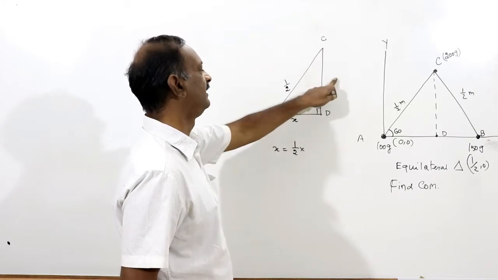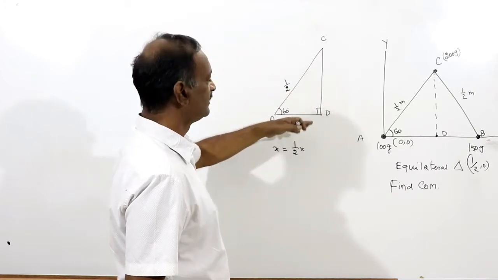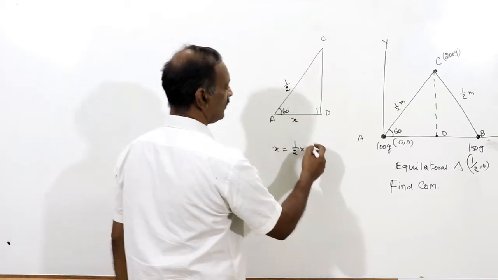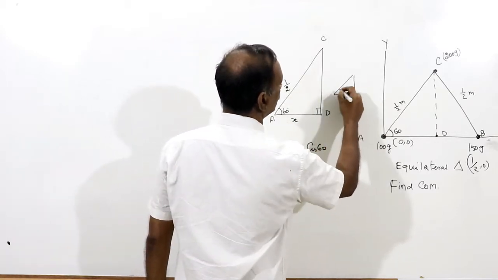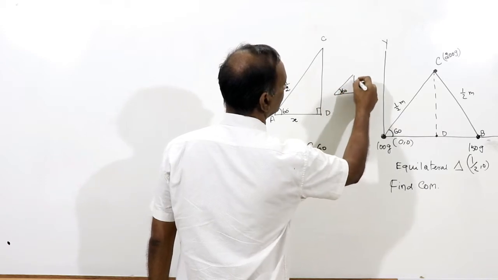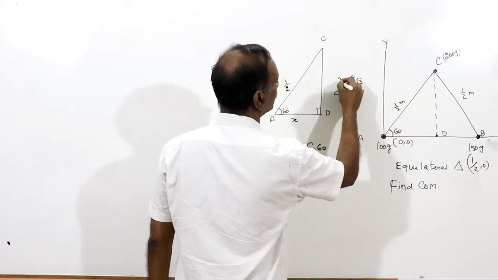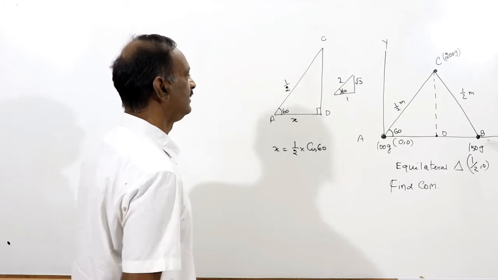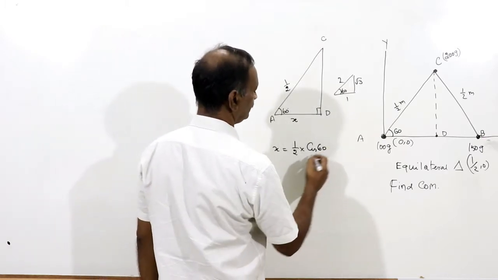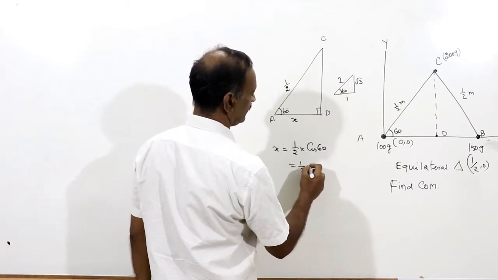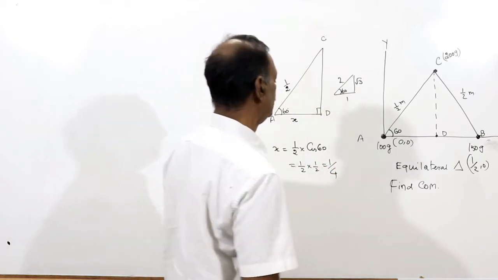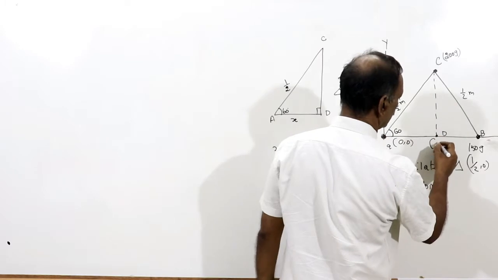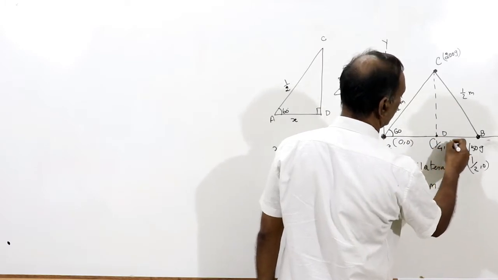Y-axis, opposite, means sine. Base, the adjacent side, means cos. So x is hypotenuse into cos 60. What is cos 60? It is 1 by 2. Half into 1 by 2 is 1 by 4. So from here to here, the coordinate is 1 by 4, comma 0.